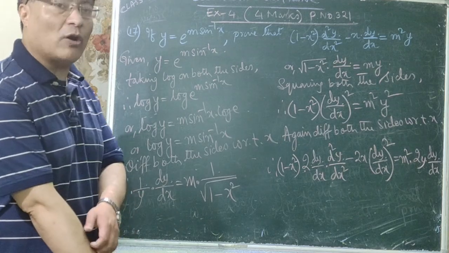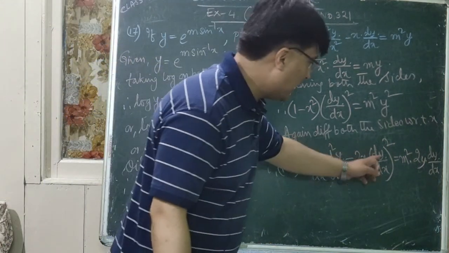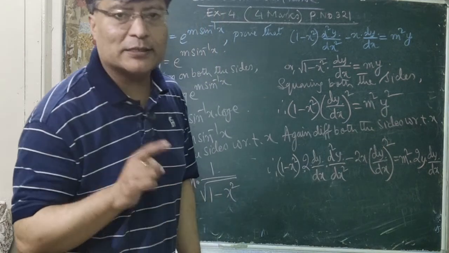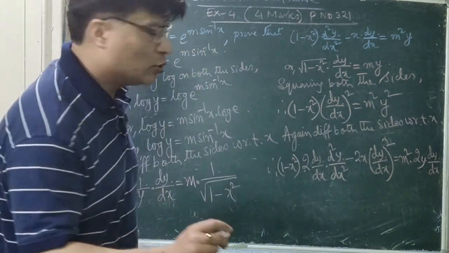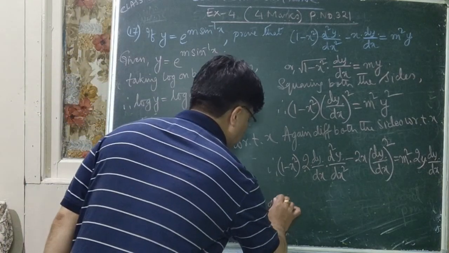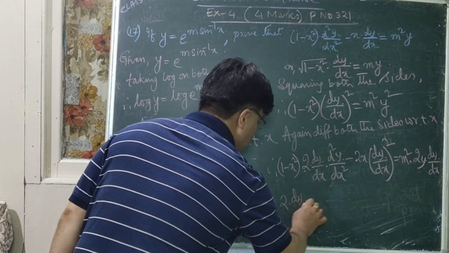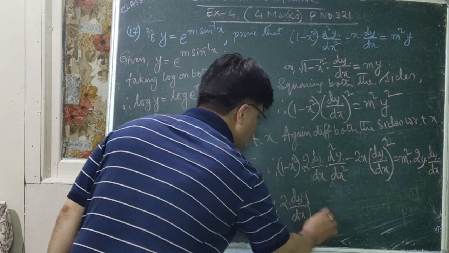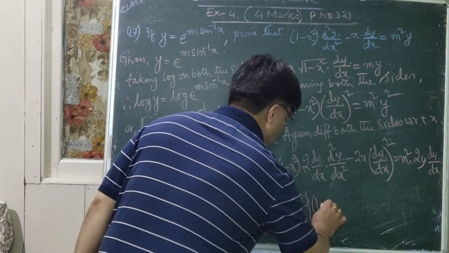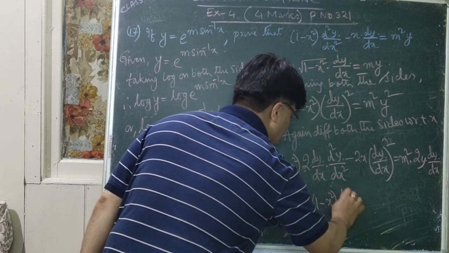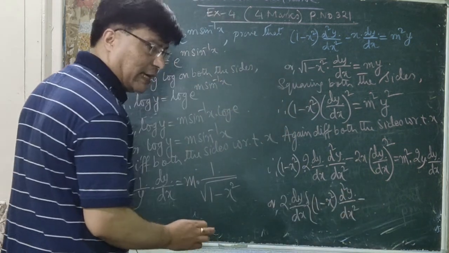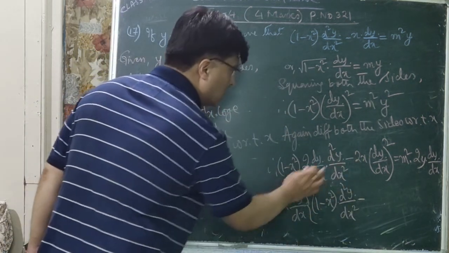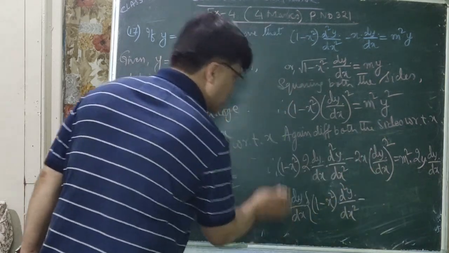Now you can take common here. dy by dx whole square means dy by dx into dy by dx. So on the left hand side, 2 into dy by dx is common. Within the second bracket, 1 minus x square into d2y by dx square, minus, here again 2 is taken common, and one of these dy by dx is taken out.